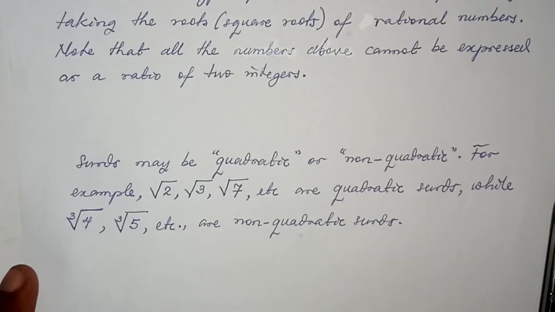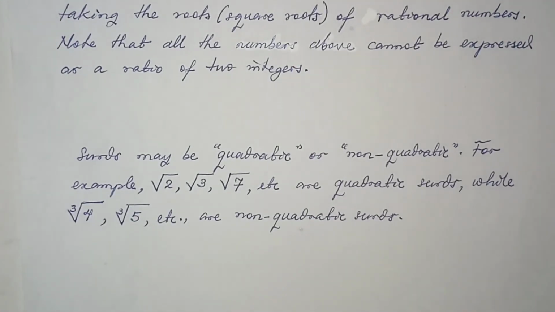So let's quickly look at this next thing I want to say. Take note, the surds we will be looking at are what we call quadratic surds. So surds can either be quadratic or non-quadratic.